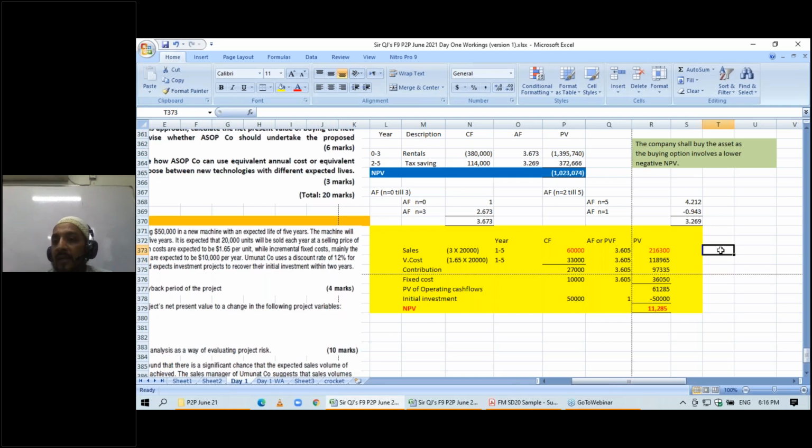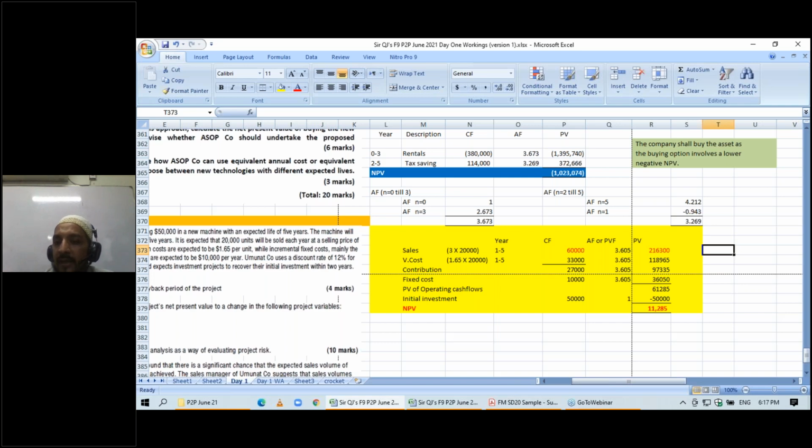And if the NPV falls down more than 11,285, the NPV will become 0. Any excessive decline in selling price that makes the NPV fall more than 11,285 will make the NPV negative. So we can accept a sale price decline, but not more than that which reduces the NPV by more than 11,285. So this is the sensitivity.